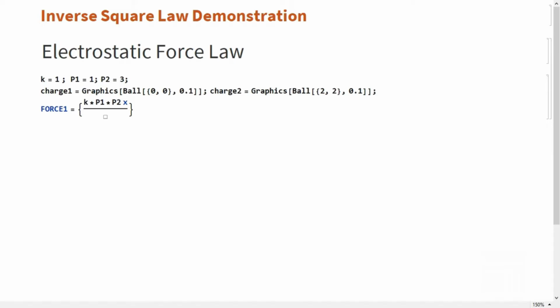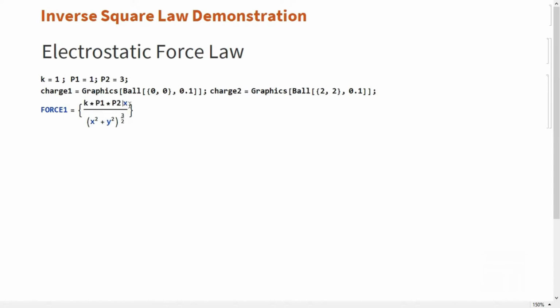Actually it's x minus 0, but since we're dealing with the force law for the first ball, and we are not writing the 0 explicitly, let's keep this x. And in the denominator you have to type x squared plus y squared, and finally you have to put a 3/2 over here. So this is our x component.